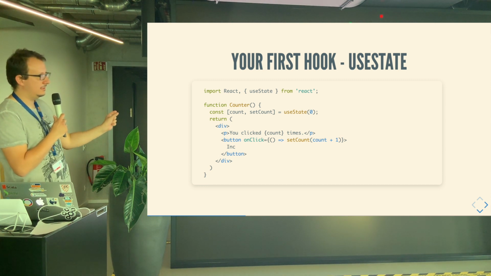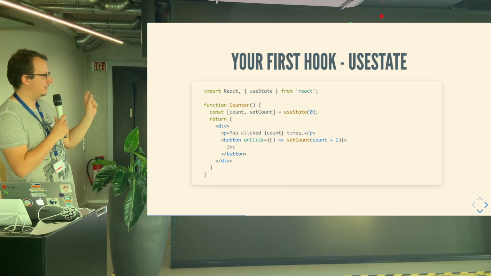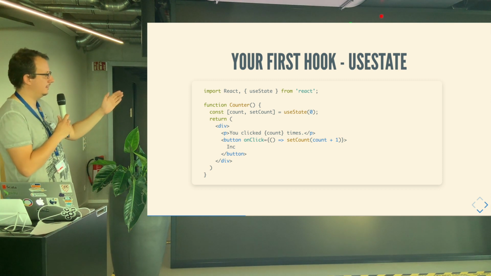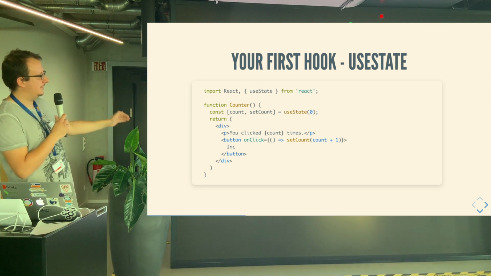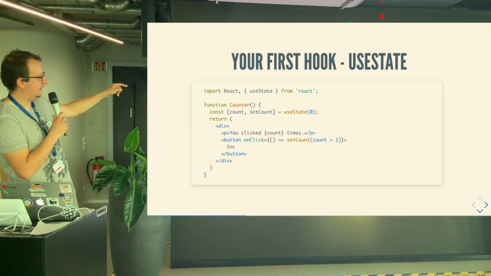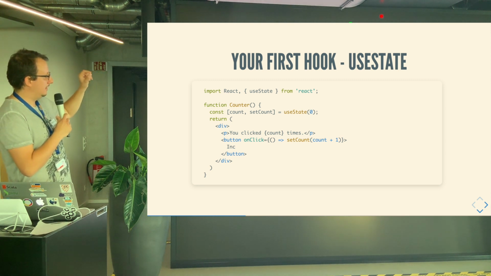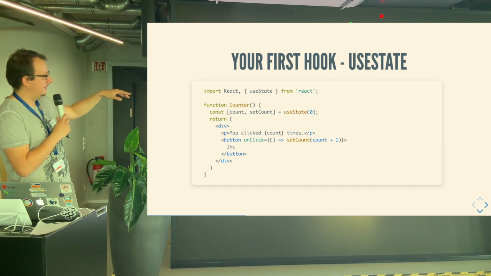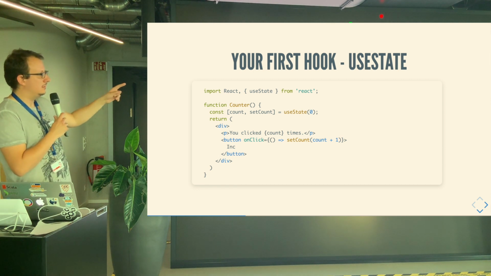And once the setter function is called with a new value, there is a new render of the component, and the new value of the state variable is being bound. So here, to the count.